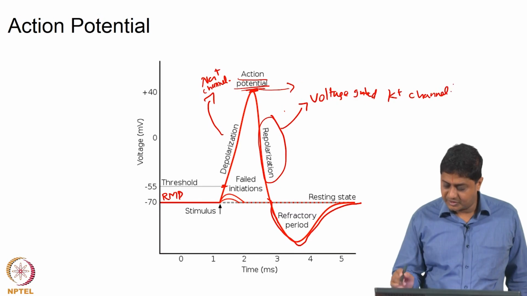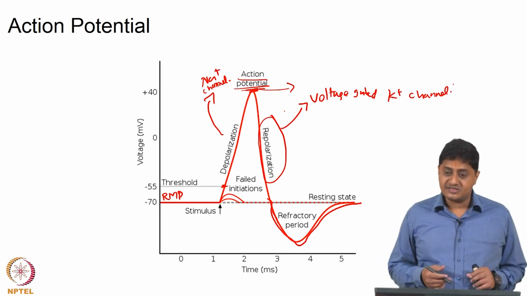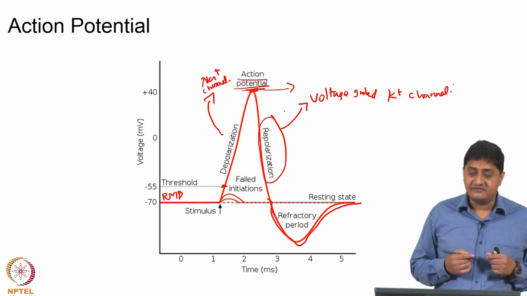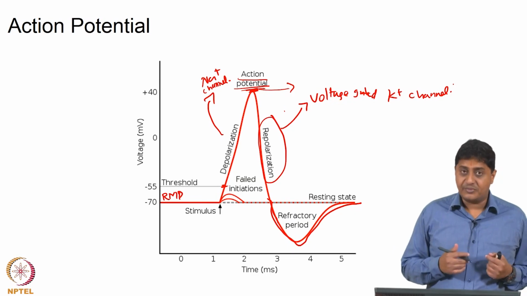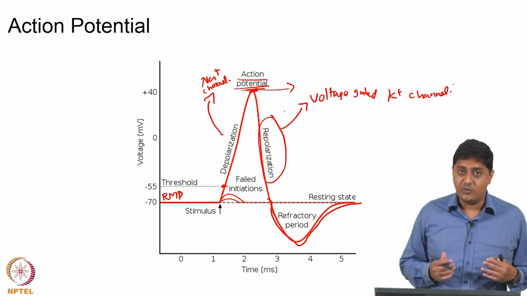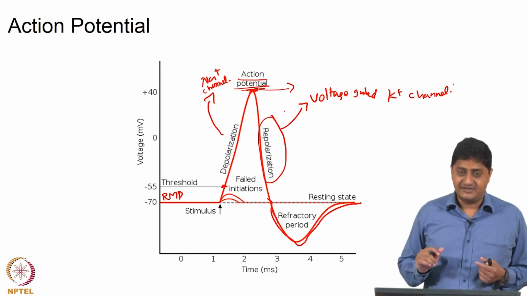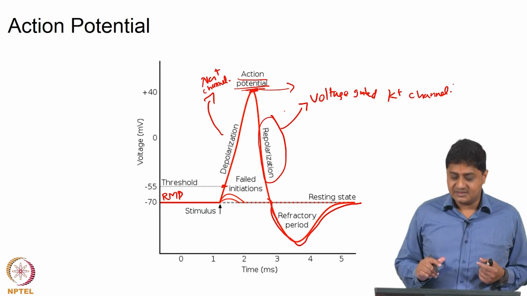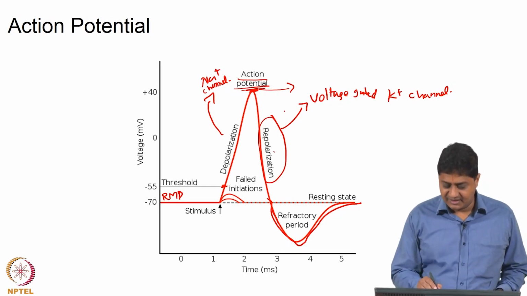Potassium is present in relatively large quantities inside the cell when compared with the outside, so when a potassium channel opens, a lot of potassium is going to leave the cell. That means the cell will become less positive or more negative, essentially bringing the cell back to resting membrane potential.